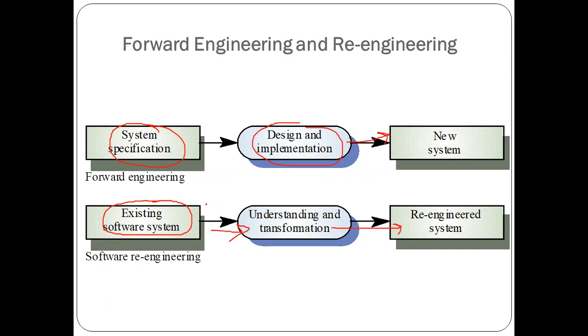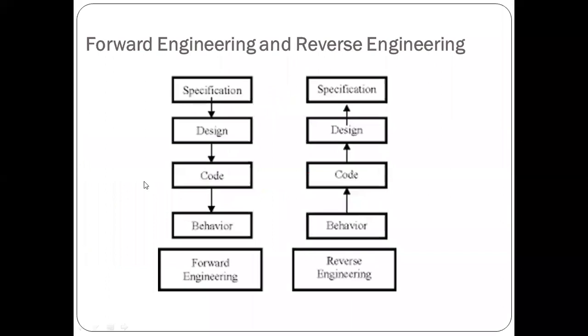That means this is just a better version of the existing software system, whereas the other is new software developed with the help of forward engineering. I hope this makes it clear.